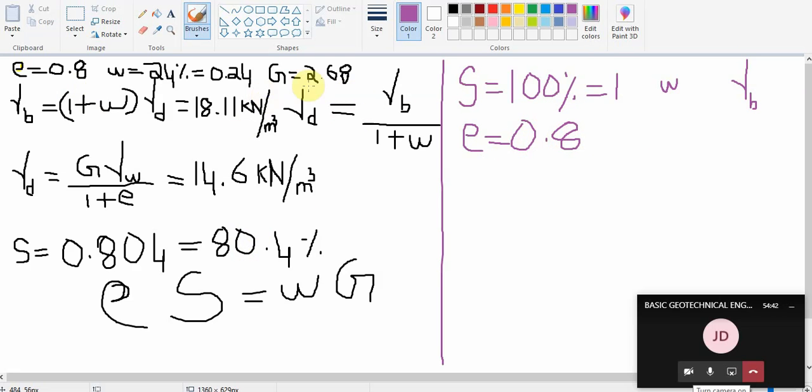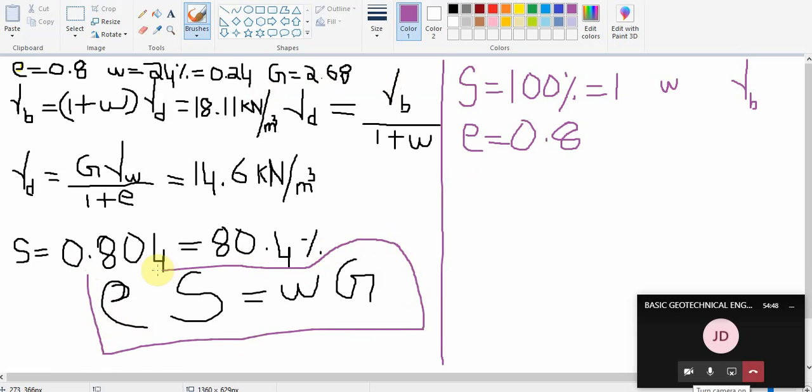So find the value of W. Use the same relation. W will be equal to e into S divided by G. e is 0.8, S is 1 and G is 2.68.